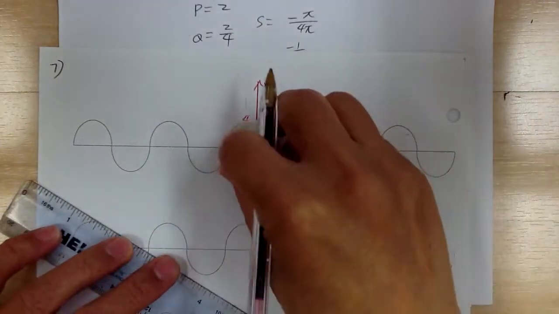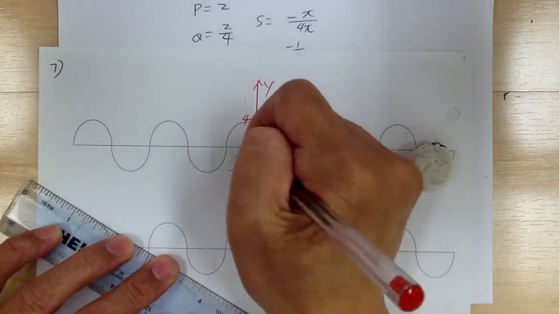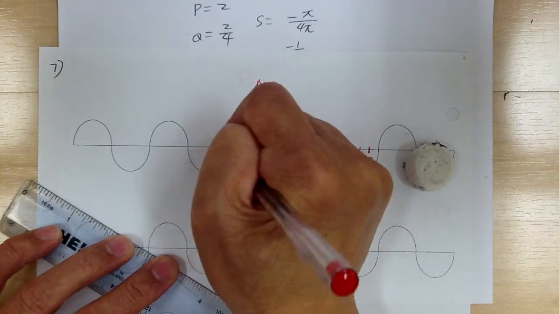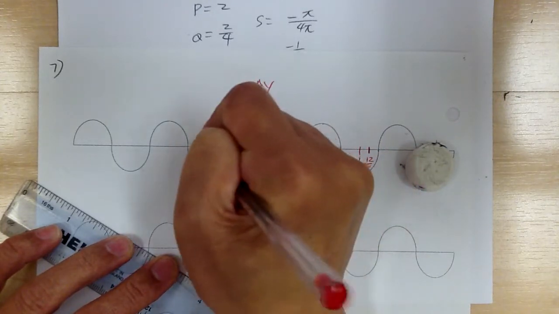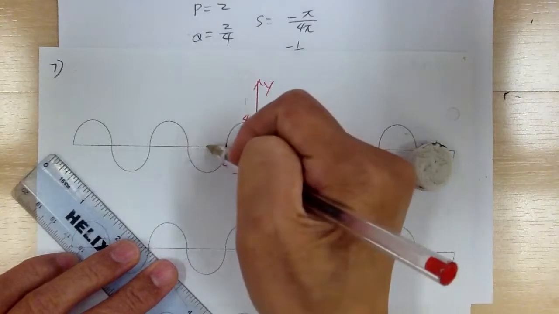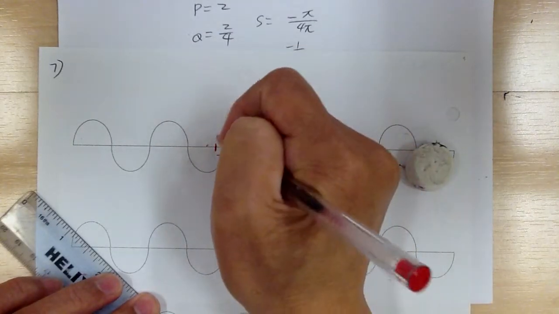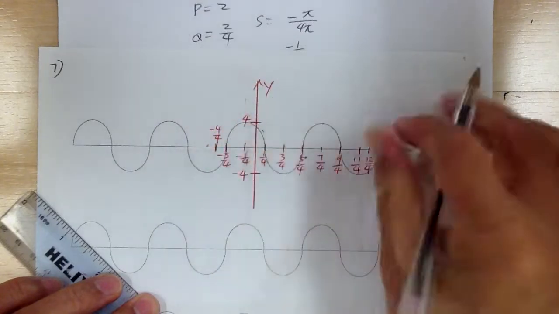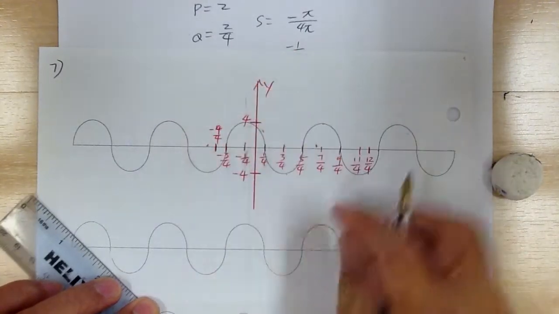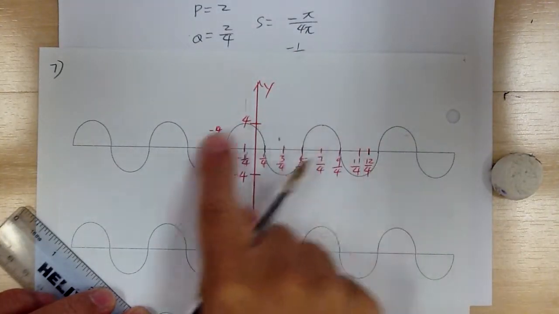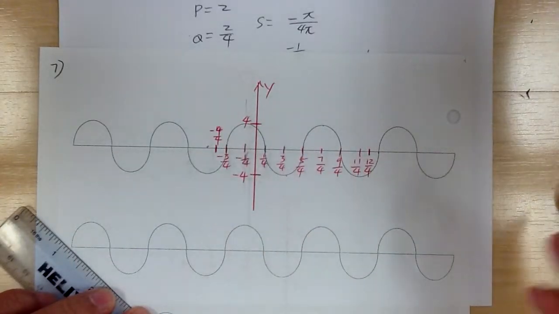Then you have to go backward to negative 1. So here's your negative 1 over 4, negative 3 over 4. When you get over here, it's too much already. Over here, it's going to be negative 5 over 4, so you have to stop right over here. So this will give you negative 4 over 4. Okay. And so double check, make sure you have everything labeled, and that's it.